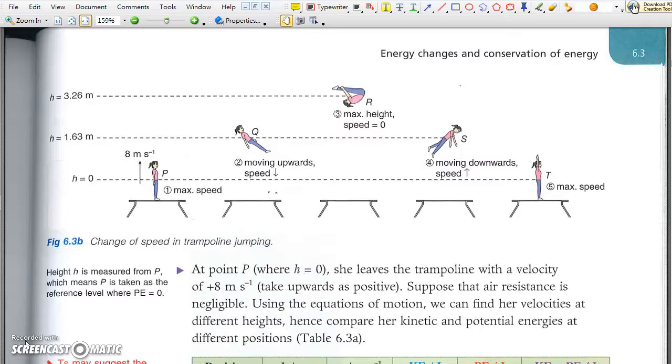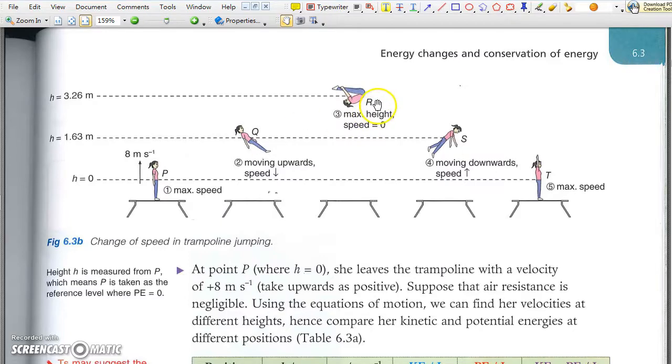For trampoline jumping, as in figure 6.3b, the girl starts from a maximum speed, 8 meters per second, and then she rises. As she rises, she slows down. Her gravitational potential energy increases while kinetic energy decreases.